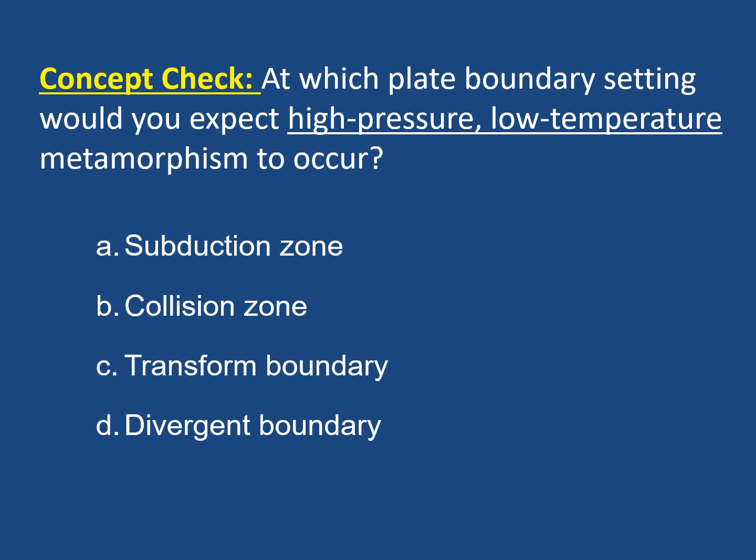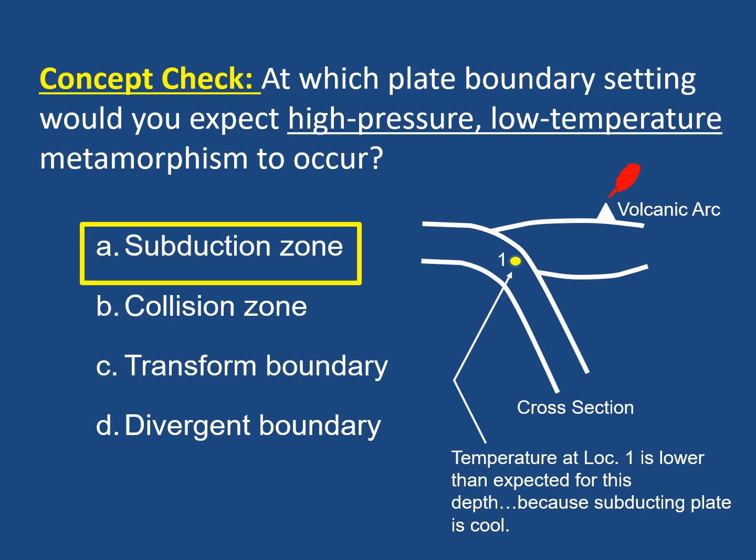And another concept check. At which plate boundary setting would you expect high pressure, low temperature metamorphism to occur? What do you think? Like we talked about a few slides ago, we tend to get this rather bizarre style of metamorphism at subduction zones because in this case, we're deep enough that we have high pressure.